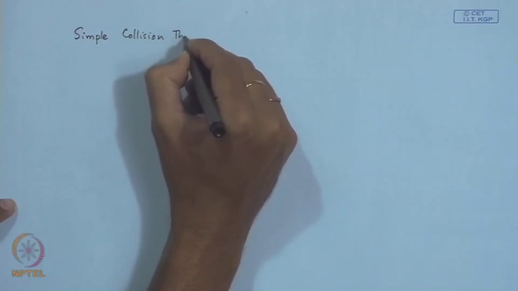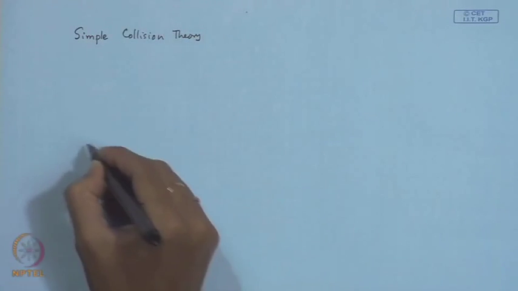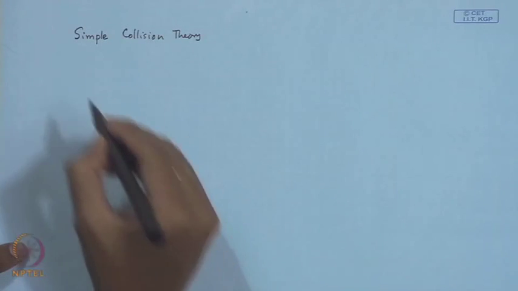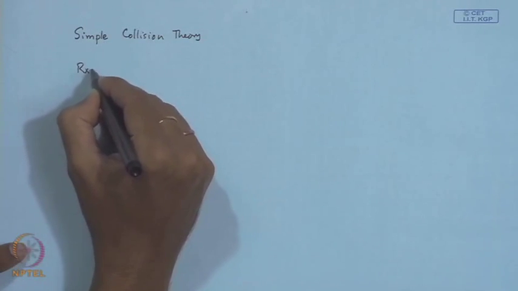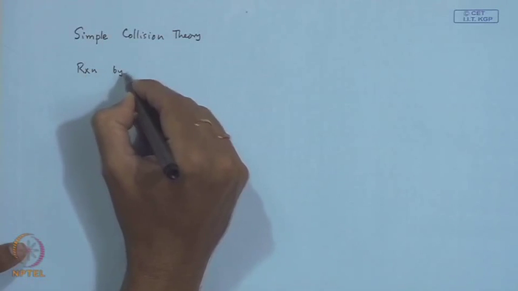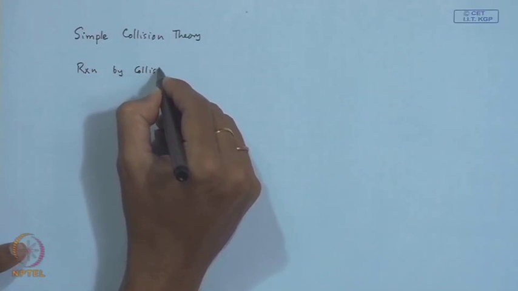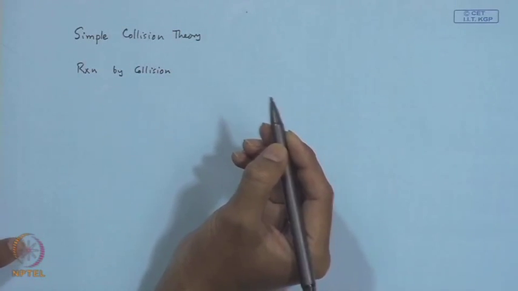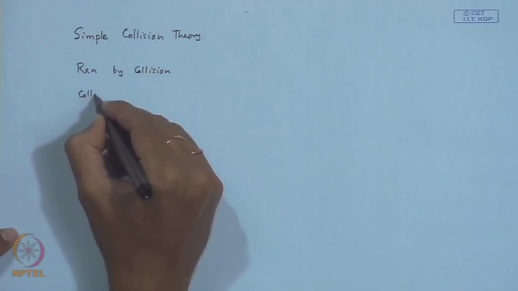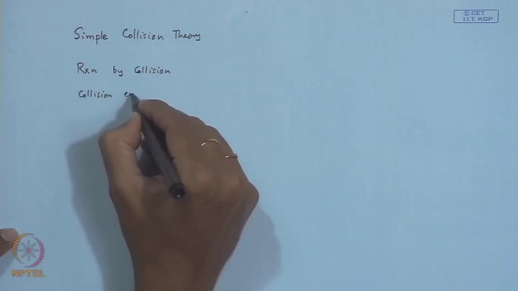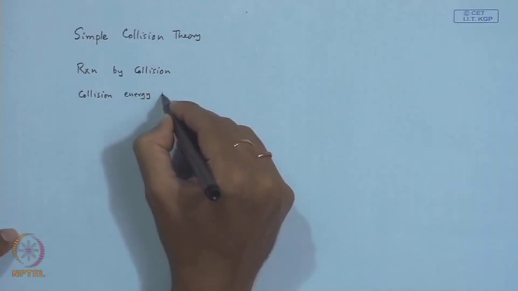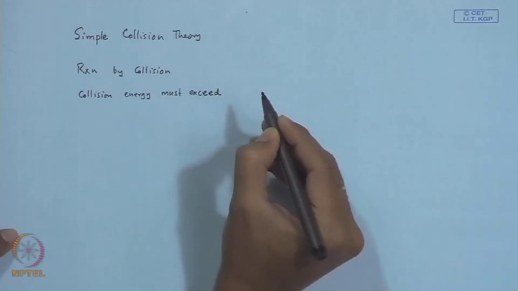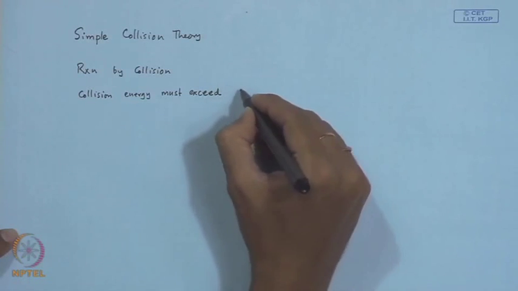Simple collision theory: reaction occurs by collision, and collision energy must exceed the barrier height.